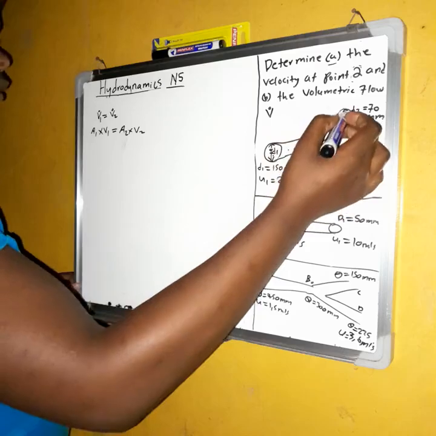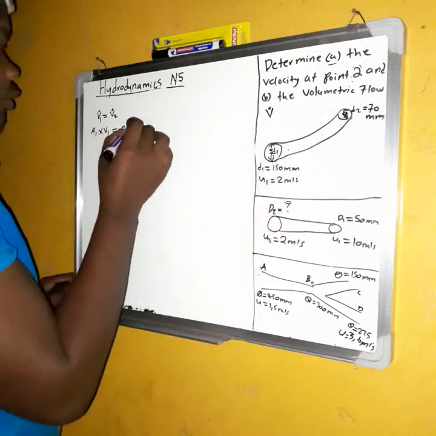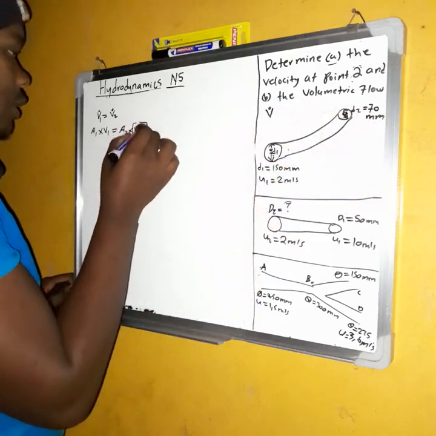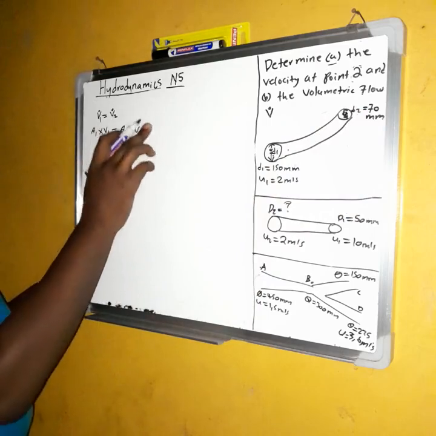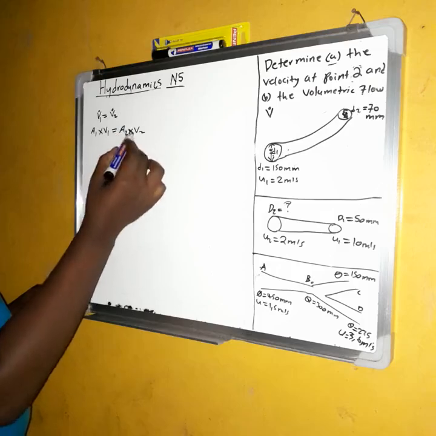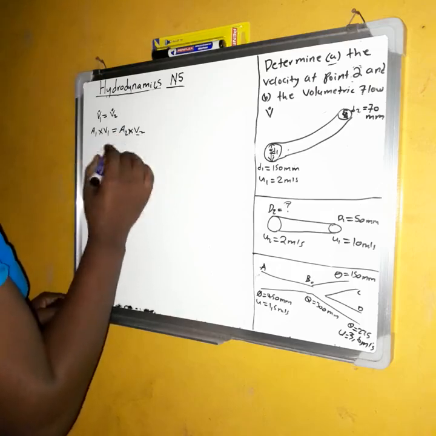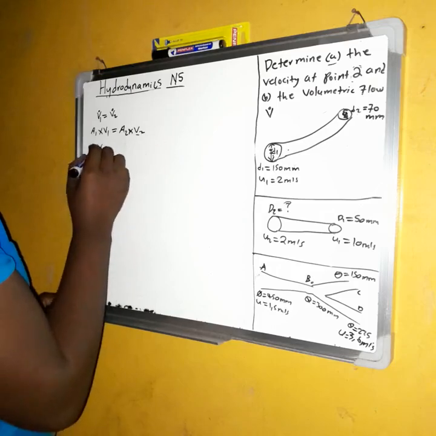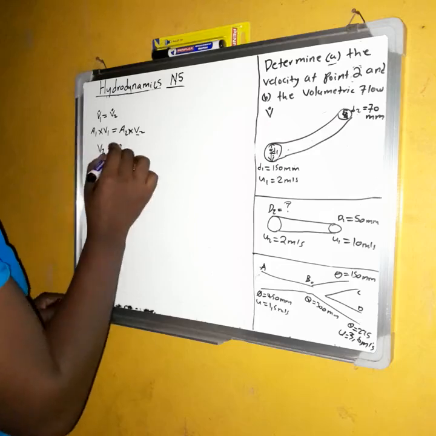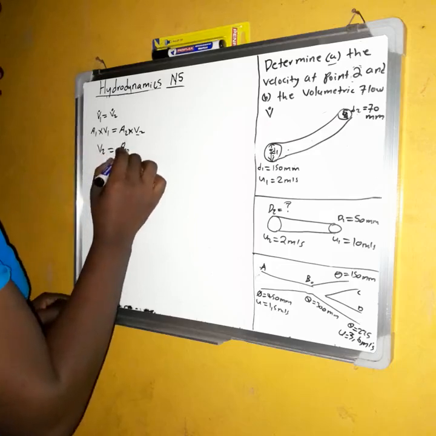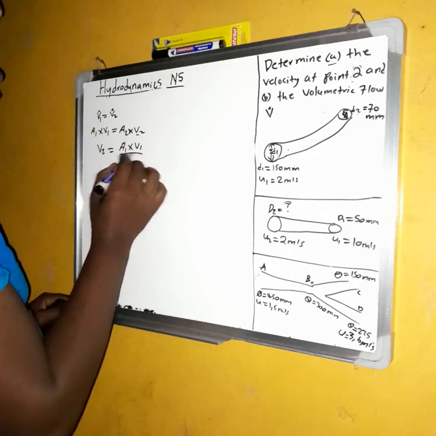They want the velocity at point 2, which is V2. If you make V2 the subject of the formula, you will find that V2 is the same as this.